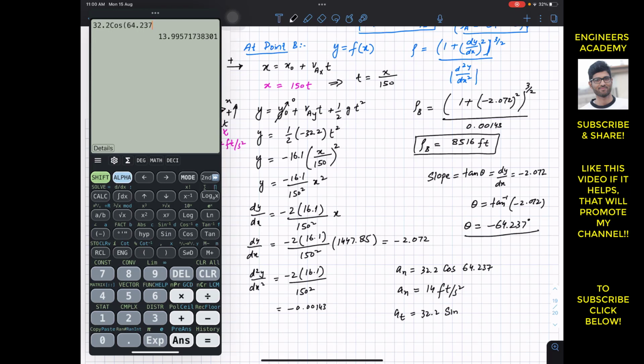So this is 32.2 sine of 64.237. So this gives us 29. So the tangential acceleration is 29 feet per second square.